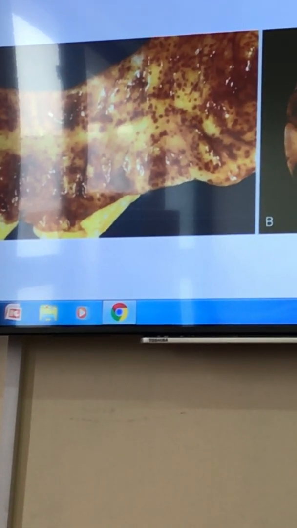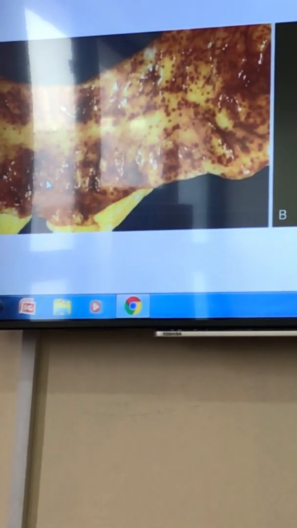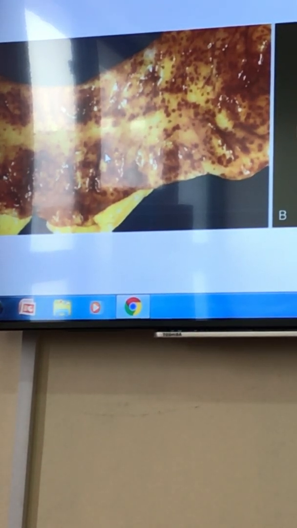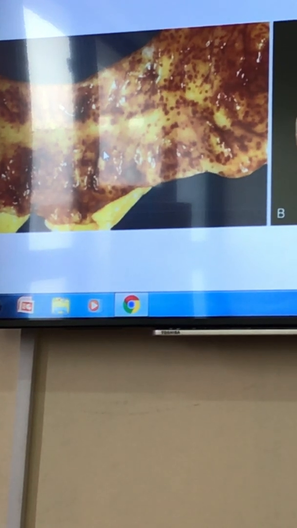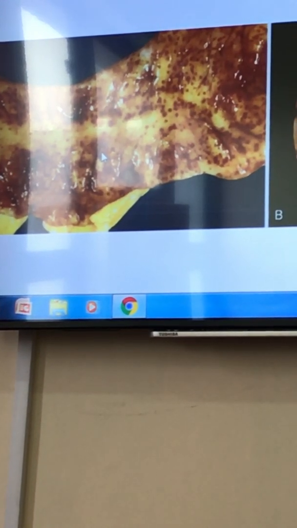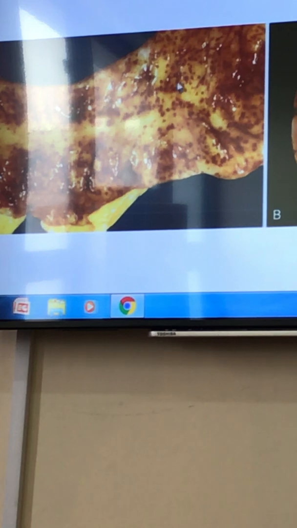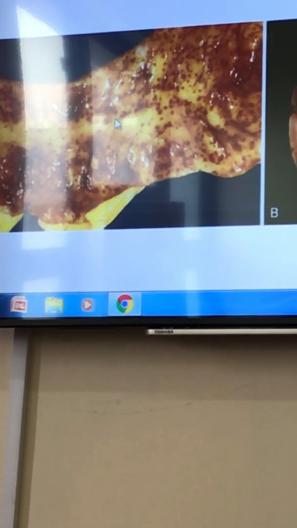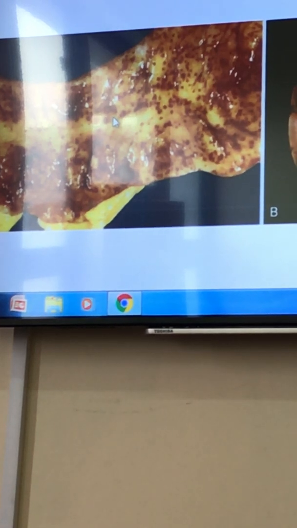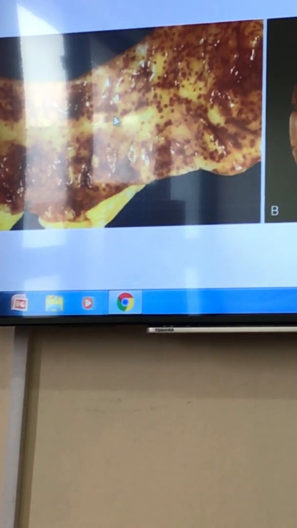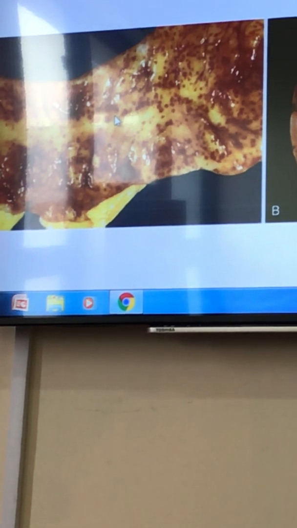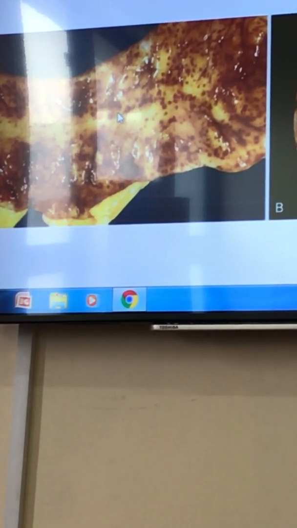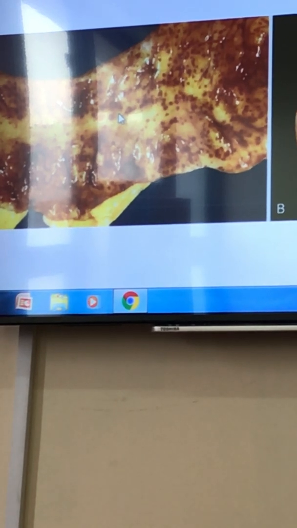So a defect in primary hemostasis causes tiny hemorrhages on the skin or in the mucosal coverings. This is called petechiae, but if these are larger than 3 millimeters, they are called purpura. So 1 to 2 millimeters is petechiae, and more than 3 millimeters is purpura.